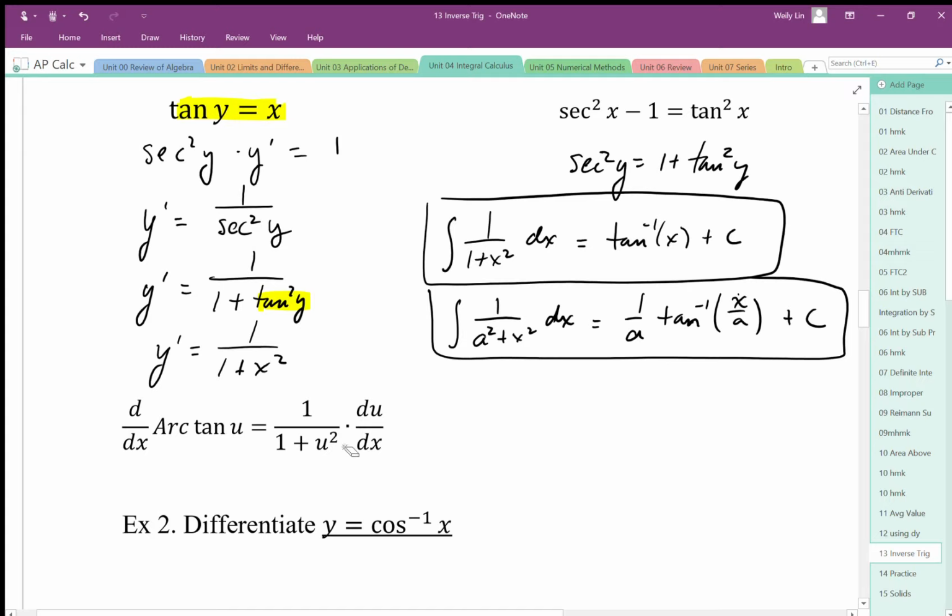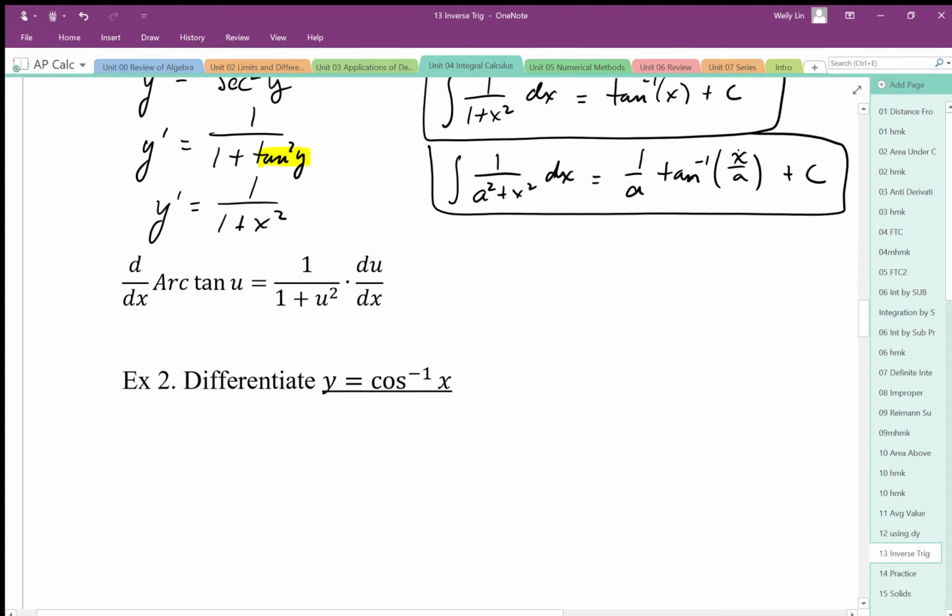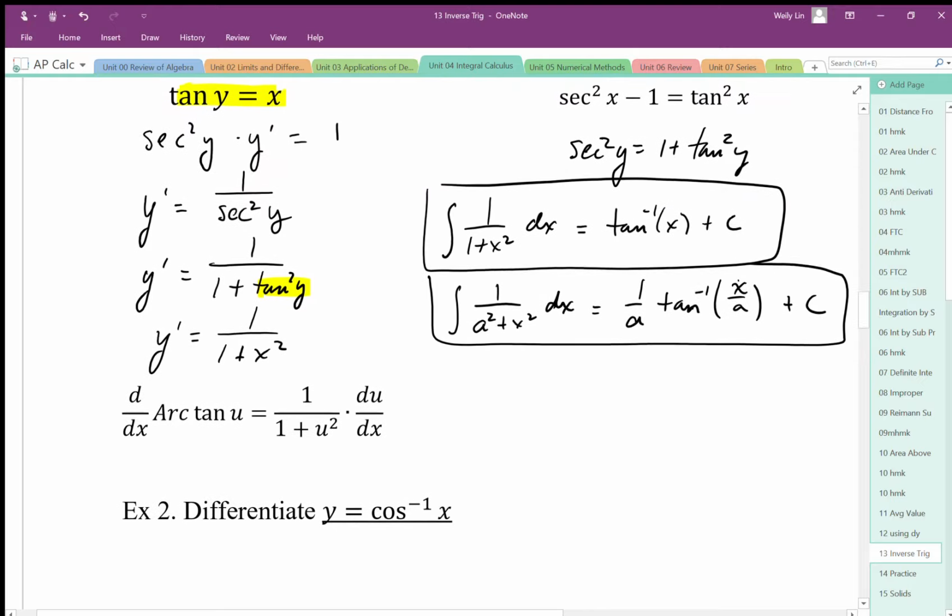We also can undo ones that look like this. So just to be clear, these two now are standard integrals. When we see these ones, we can't use substitution, it won't work. We have to apply the arctan antiderivative.